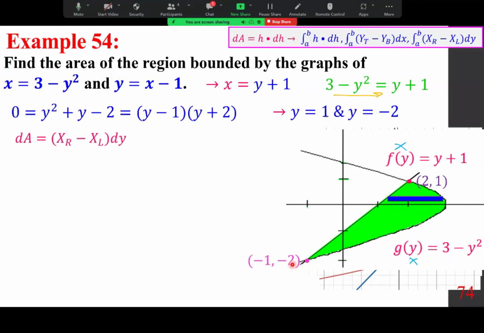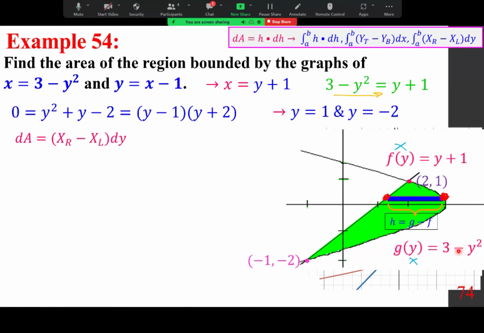Okay, so dA is x on the right, x at this point, minus x on the left, x at this point. And so this is g minus f, g minus f.